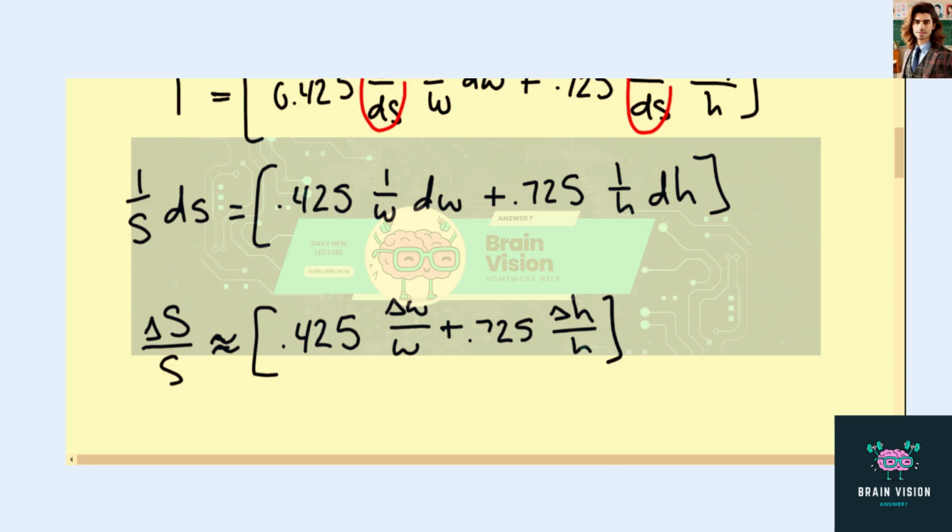And since the errors of W and H are at most 2%, then we know that delta W over W and delta H over H are at most equal to 0.02, which gives us our 2%.